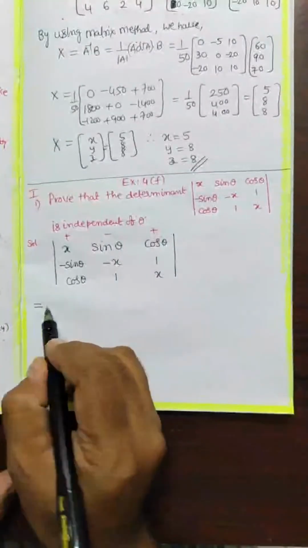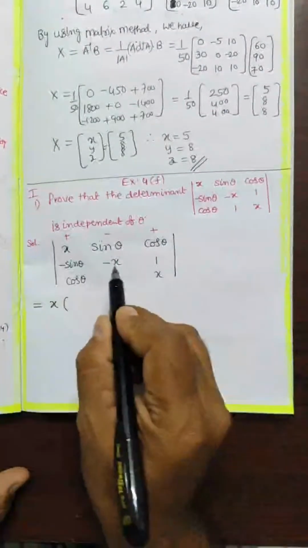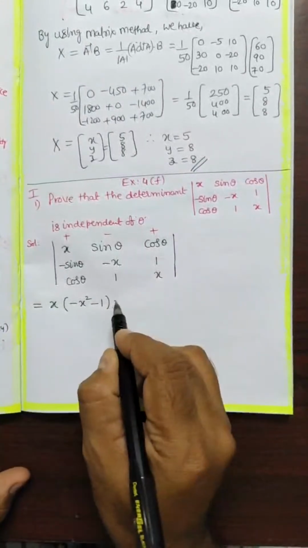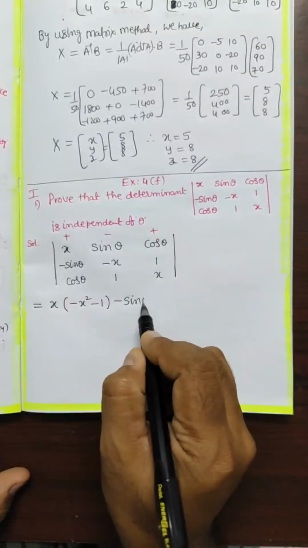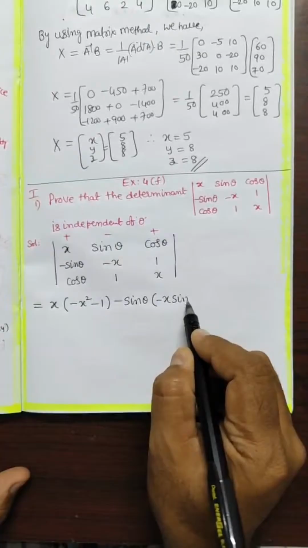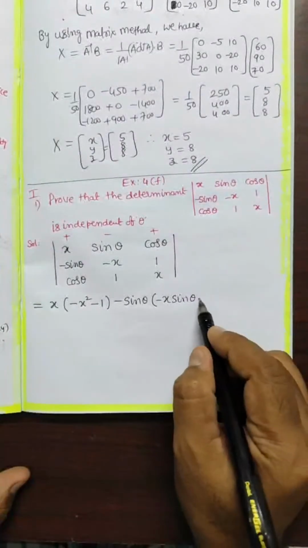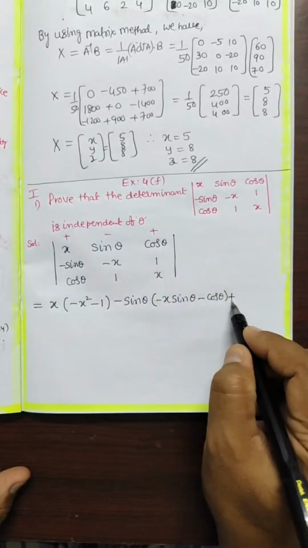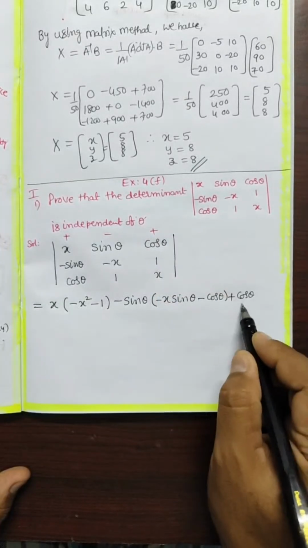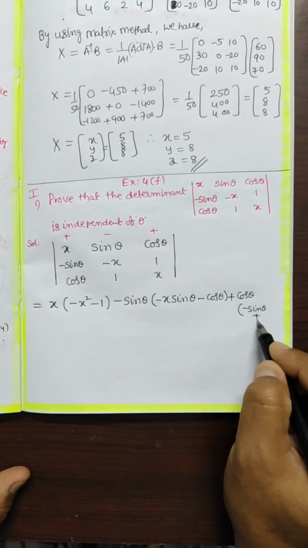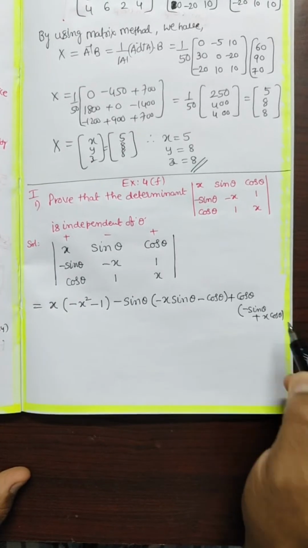Which is equal to x into minus x square minus 1, minus sine theta into minus x sine theta minus cos theta. Next plus cos theta into minus sine theta plus x cos theta.